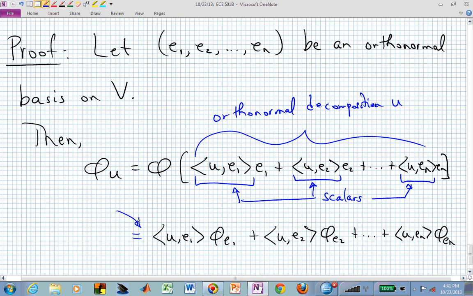This step is the linearity of the functional.